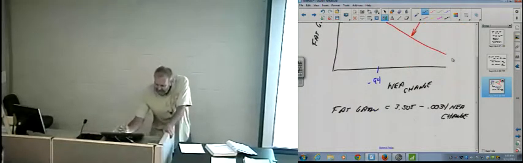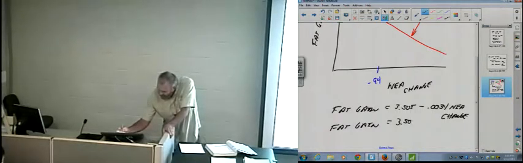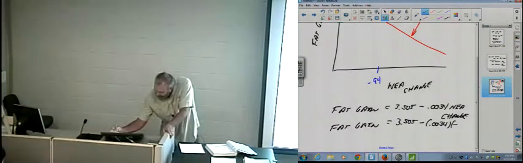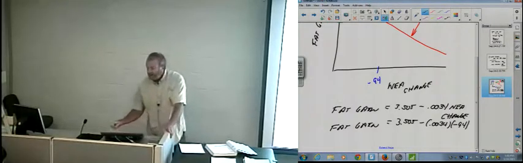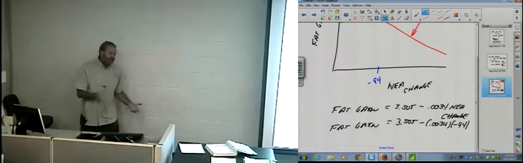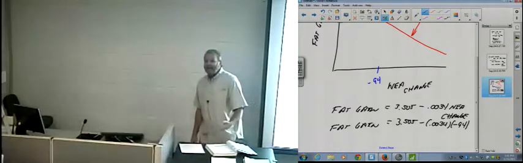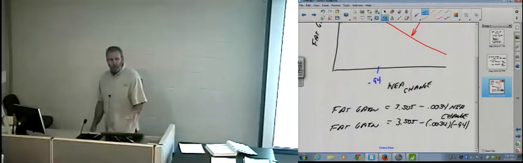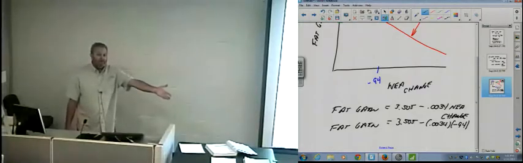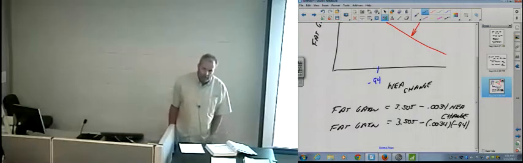So fat gain is equal to 3.505 minus 0.0034 times a minus 94. In other words, I want to know what the line is predicting for a person that has minus 94 NEA change. I know what the data is telling me the fat gain is. The data is telling me the fat gain is 4.2 kilograms. Why? That's one of your subjects here in this table, right? That's one of the people that they did this little experiment on.